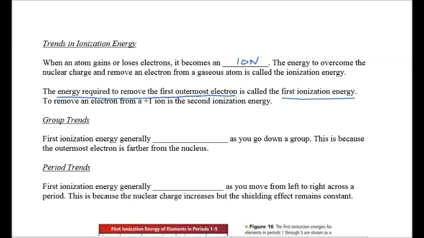So a group trend. As you go down a group, the atom gets larger, the outer electrons are farther from the nucleus, so they're easier to remove. So the first ionization energy generally decreases as you go down a group.